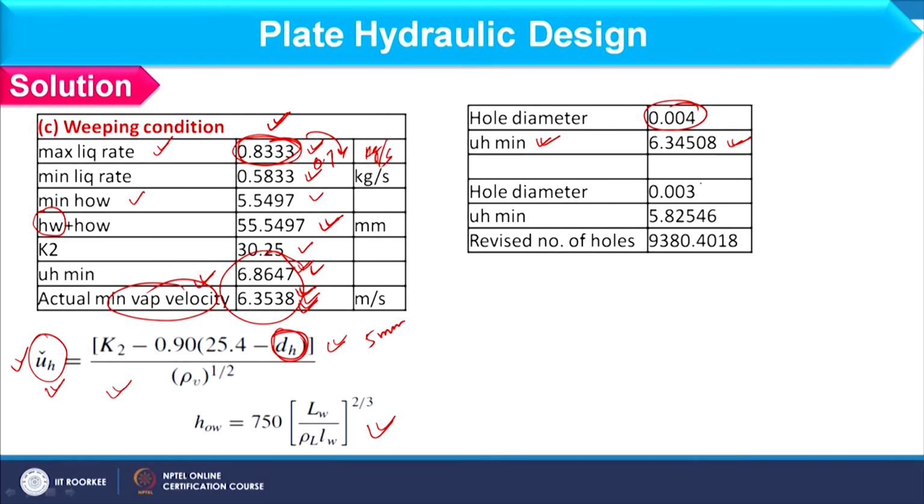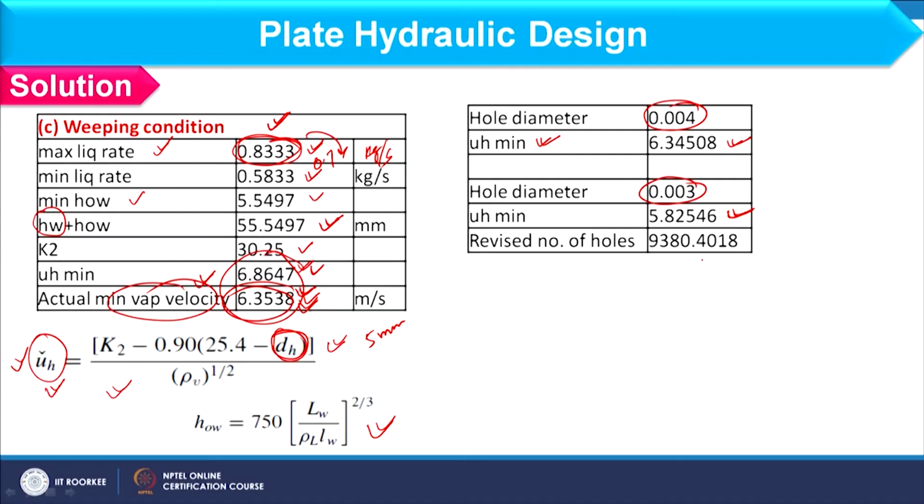Okay. Next, we should consider slightly lesser value of hole diameter, and for that UH minimum is very low in comparison to the actual minimum vapor velocity. So, in this case we consider that the weeping condition is satisfied. Okay.